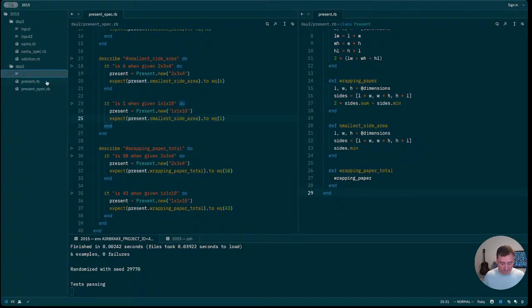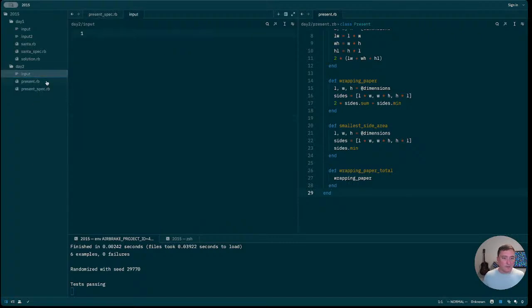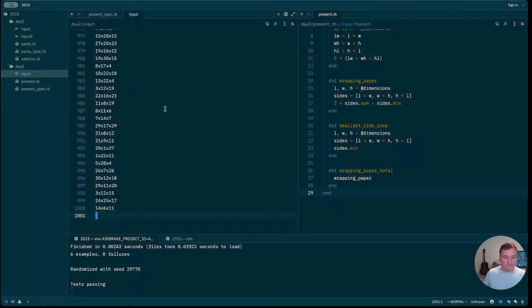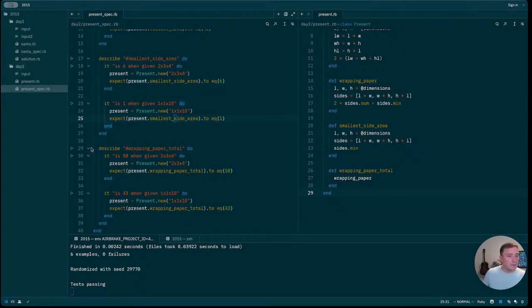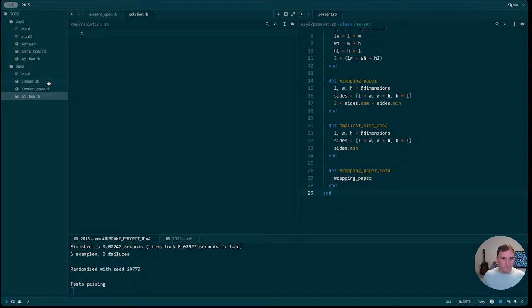and new file input, and we can do our solution.rb. Require present. Typing is bad today, and this is going to be, let's see, we want over here.